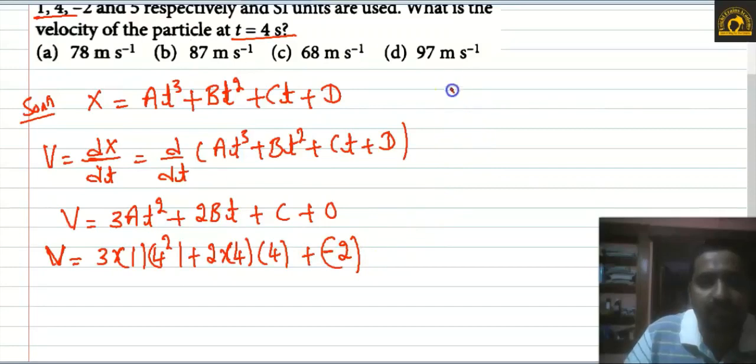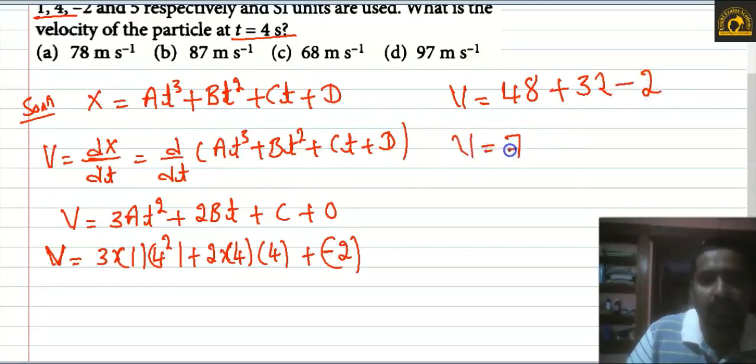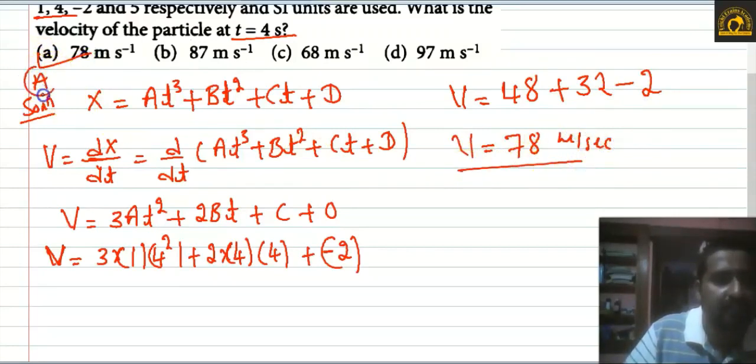After simplifying, velocity is equal to 48 plus 32 minus 2. So the velocity is 78 meter per second. So option A is the correct answer.